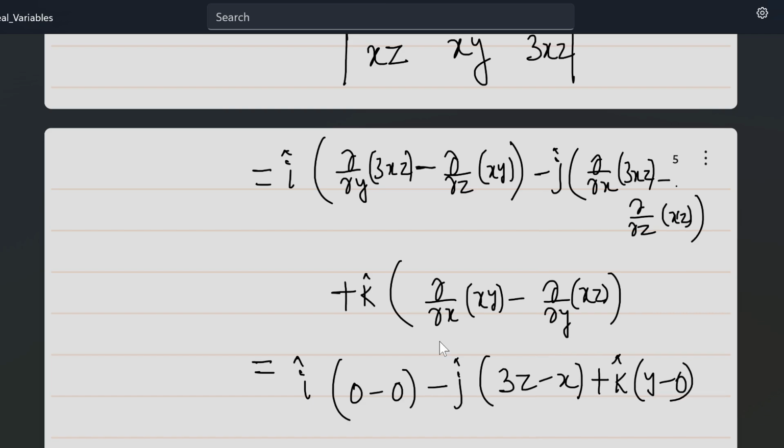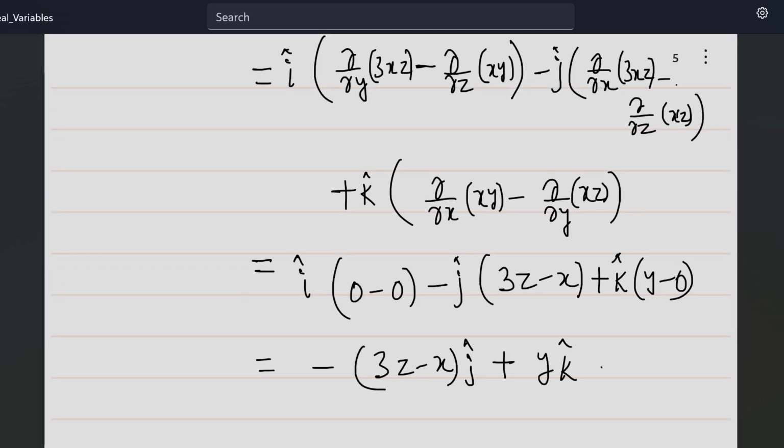Fine. So it is minus of (3z minus x) j plus yk. This is the answer, I think. Correct?